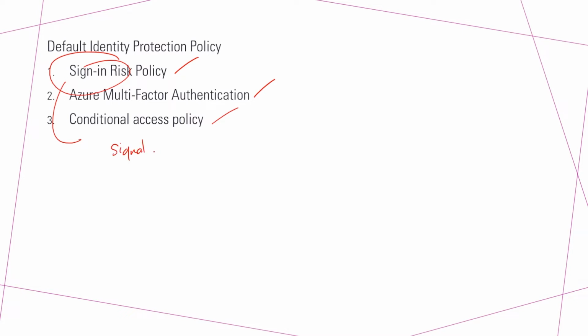So it actually works with a signal from identity protection. Then it will give what they call a risk score about that detection, and finally an action from the administrator. The risk score could be high, medium, or low.